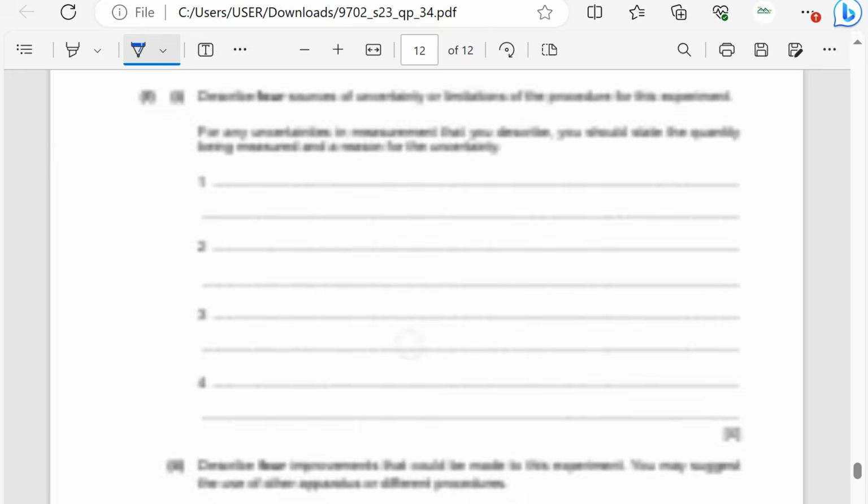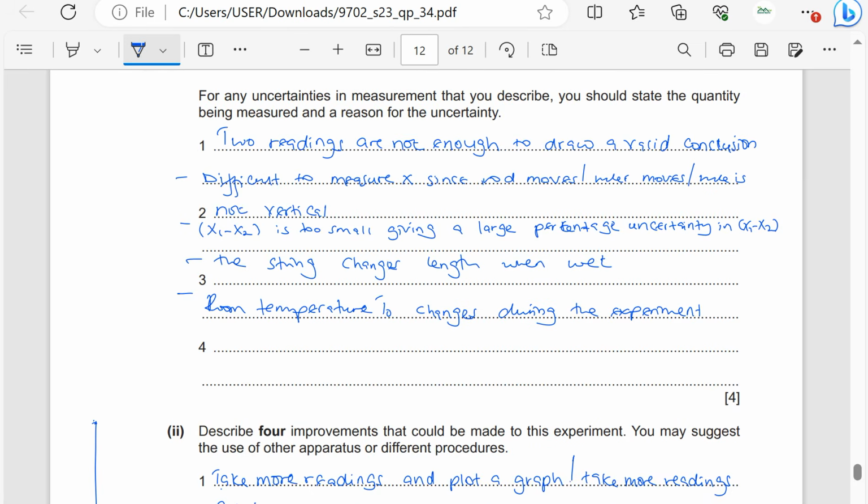And since it is just a pipe, it could be a limitation to measure the length L of the pipe since it is curved.